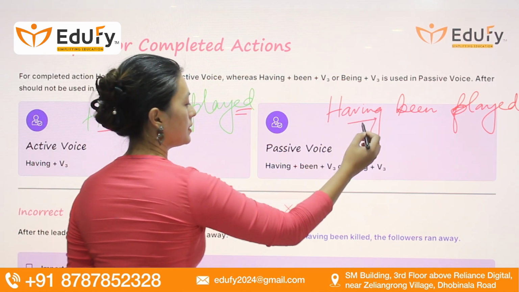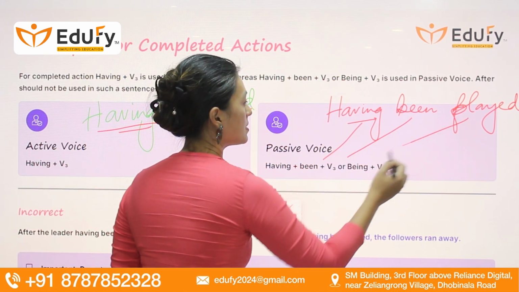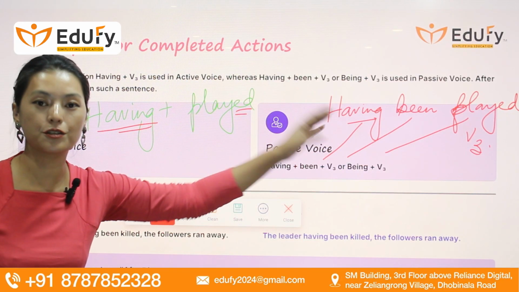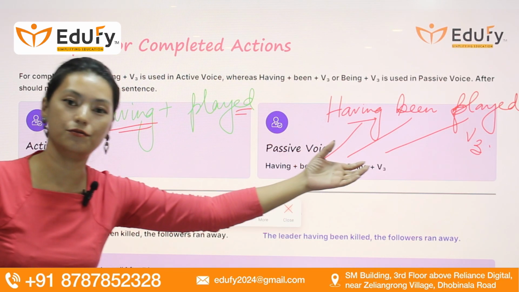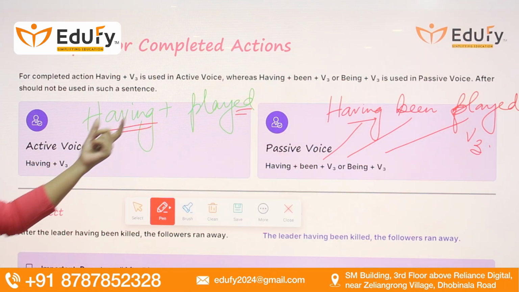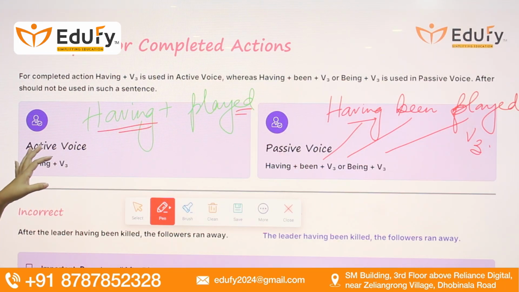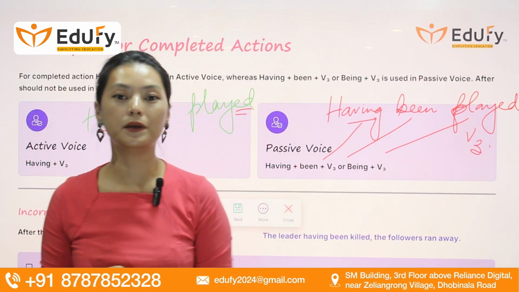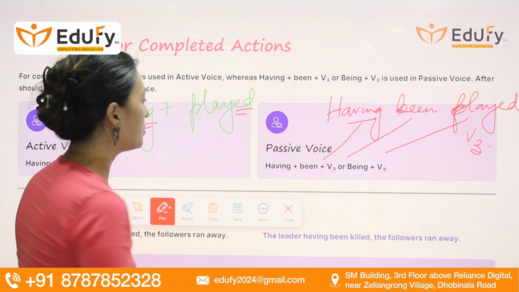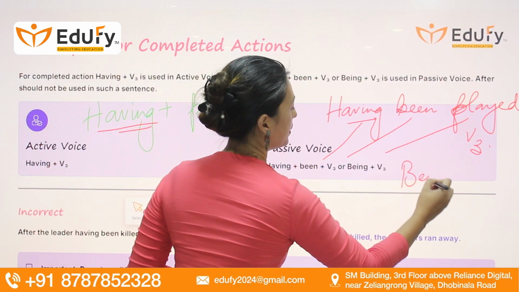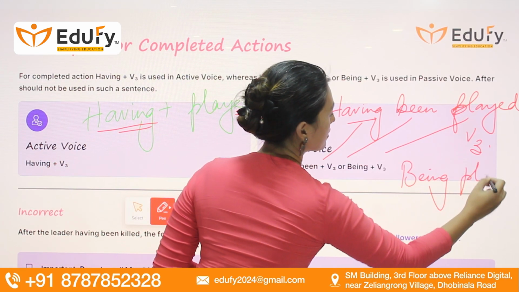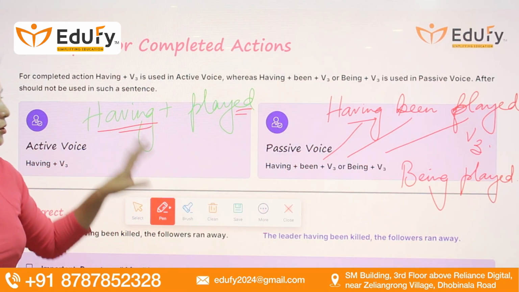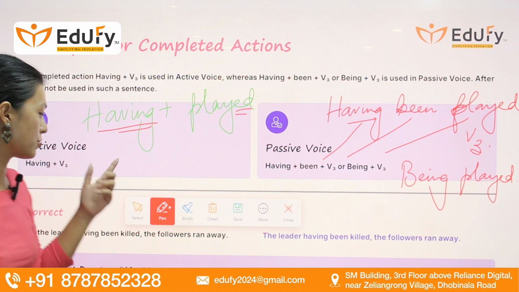Now here we have the same combination, having been plus verb 3. Now this is the combination of active and passive voice. If you have a participle with verb 3, it will be in the active voice. If you have a participle plus been plus verb 3, then it will be a passive voice. Another one is being played, which can be used with a passive voice again. So these are the three examples of the structure, okay?